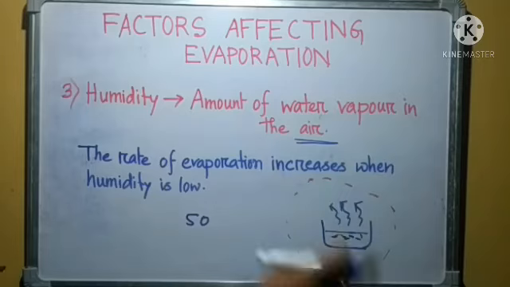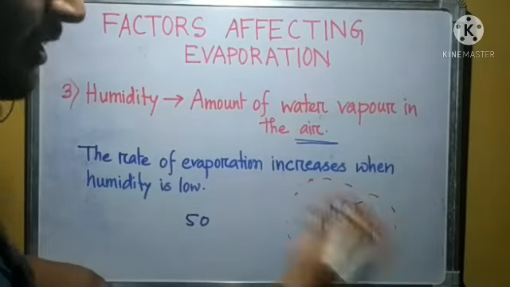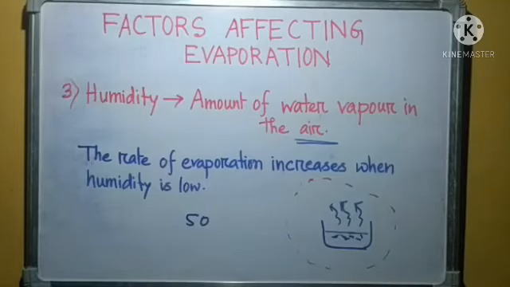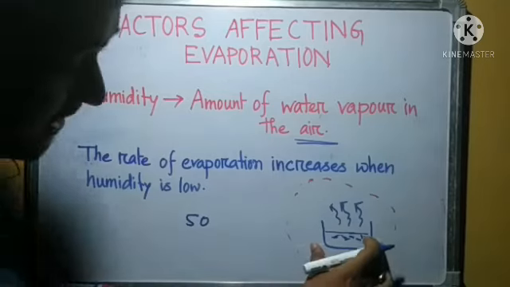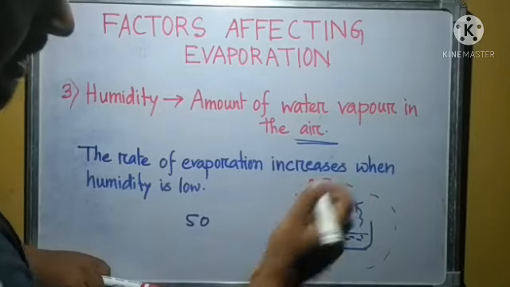Okay, so just imagine if the air around this already contains 50 particles of water vapor, and when you are evaporating the water, what is taking place? The general process is that the liquid water is changing into water vapor.